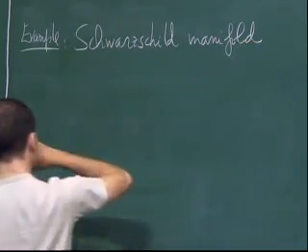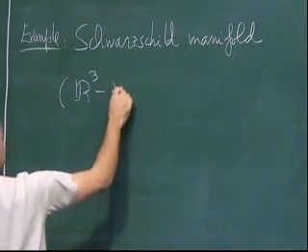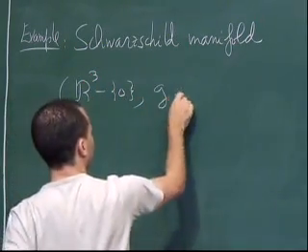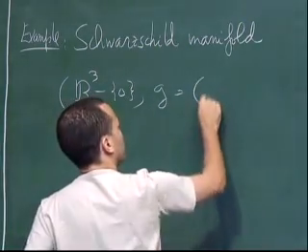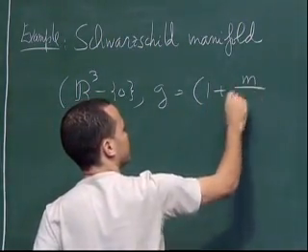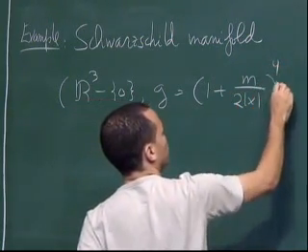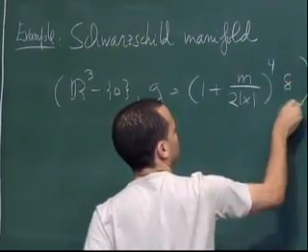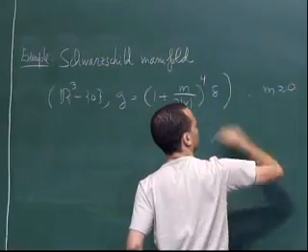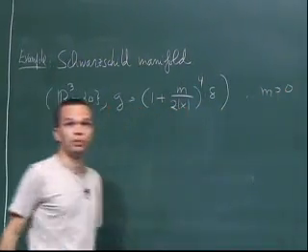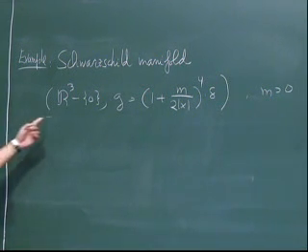You take R^3 minus the origin as the manifold, and the metric here will be a conformal deformation of the Euclidean metric. The definition is (1 + m/(2|x|))^4 times delta, where m here is chosen to be, let's say, a positive number. Right. So that's the definition of the metric. It makes sense on R^3 minus the origin.